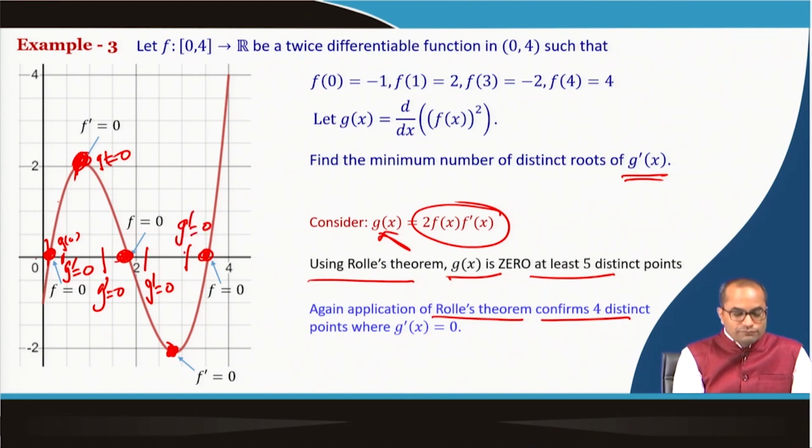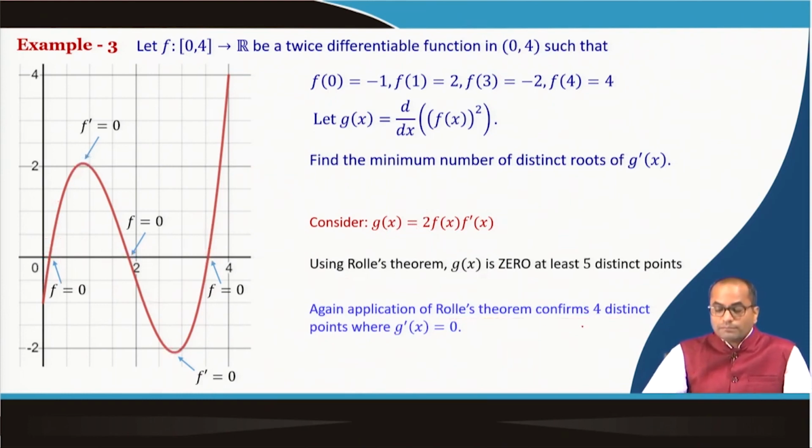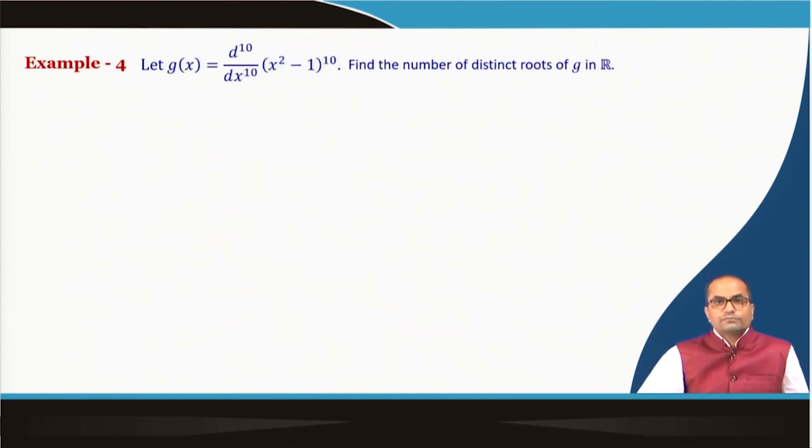So 1, 2, 3, 4. There will be a minimum of 4 points where Rolle's theorem will confirm that g' is 0. This is the minimum number of points, 4. We have 4 distinct points for some function which fulfills this condition. We may have more than 4 such points, but the minimum number of distinct roots for this g' is 4, which is just confirmed using Rolle's theorem.